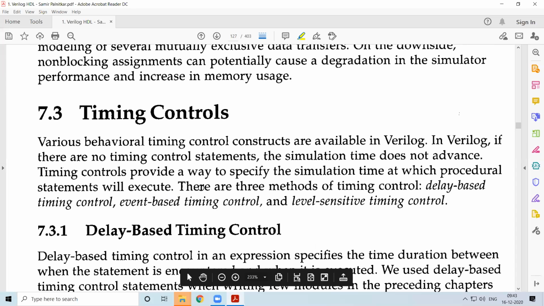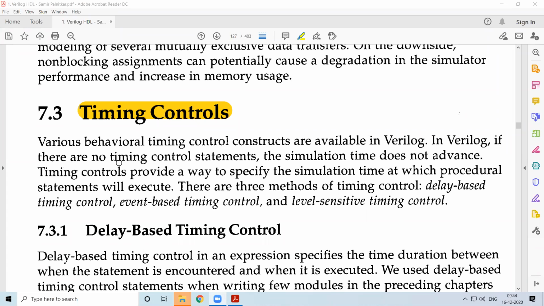Next comes the timing diagram, timing controls. What does timing control specify? It is helpful in the simulation part. Timing controls are basically required for your simulation, where you try to understand at what time what events are occurring or what delays you have to provide.